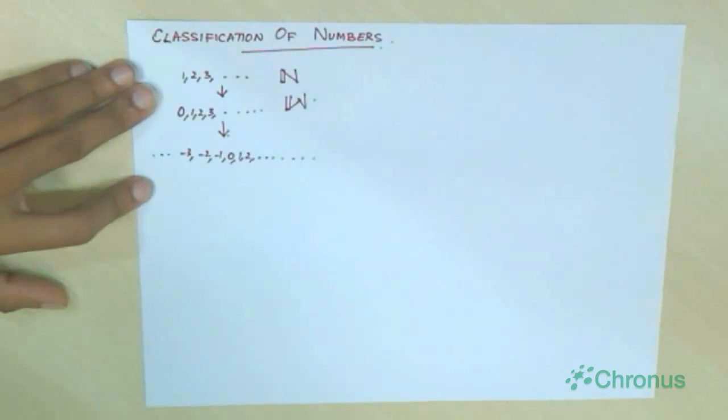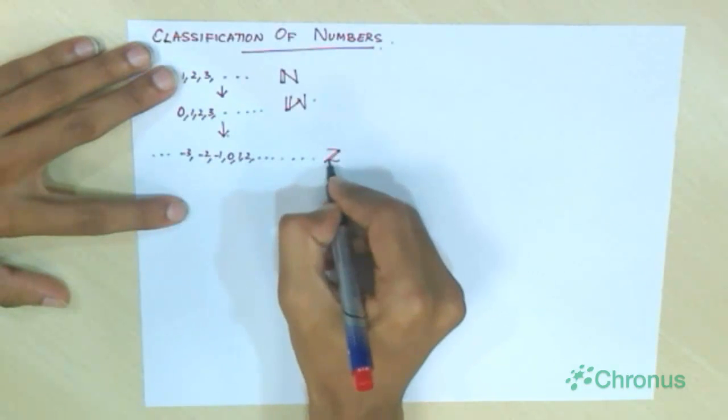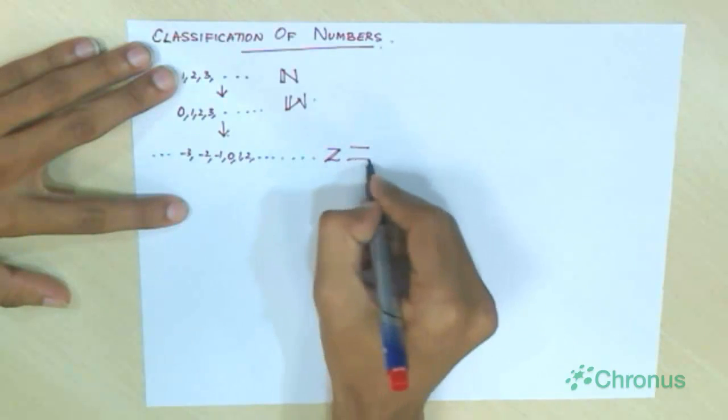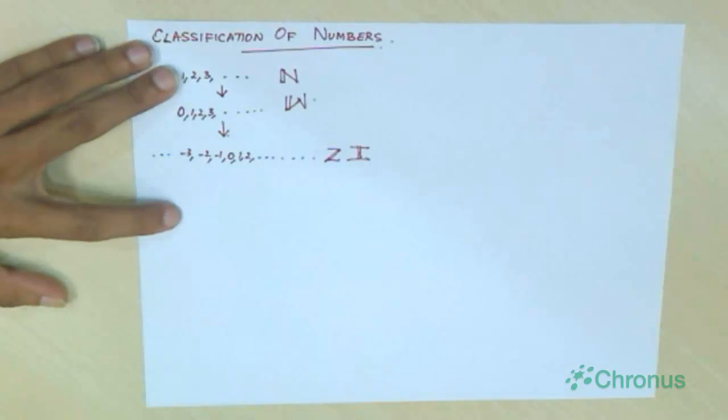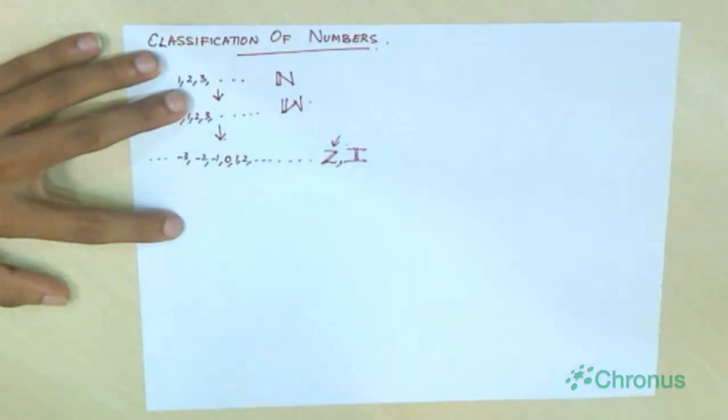These are called integers. A few authors use the symbol Z to show integers, and a few represent it by I. We shall stick to Z.